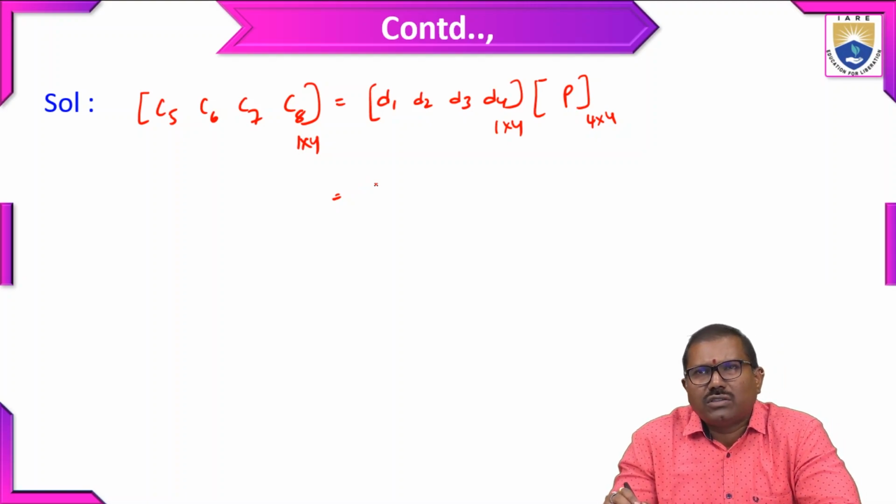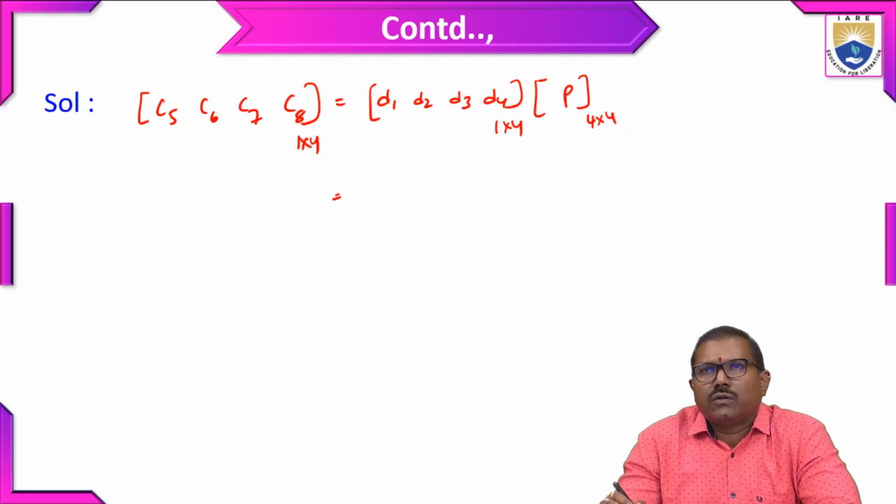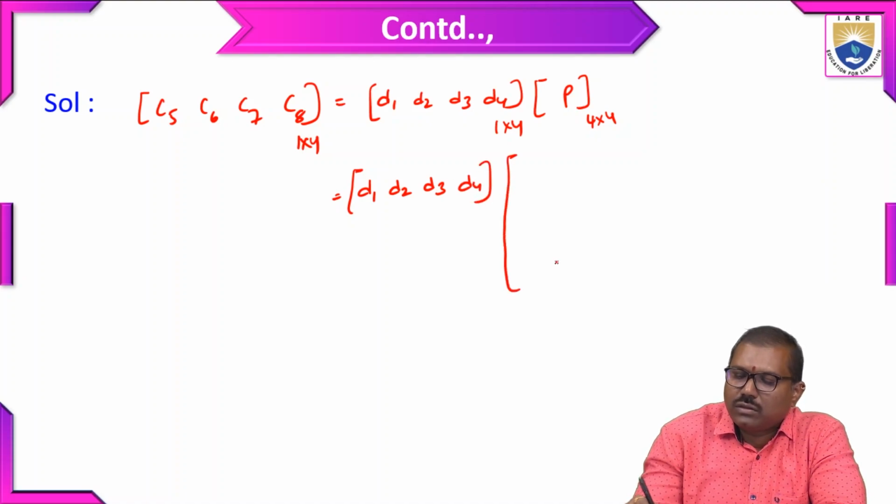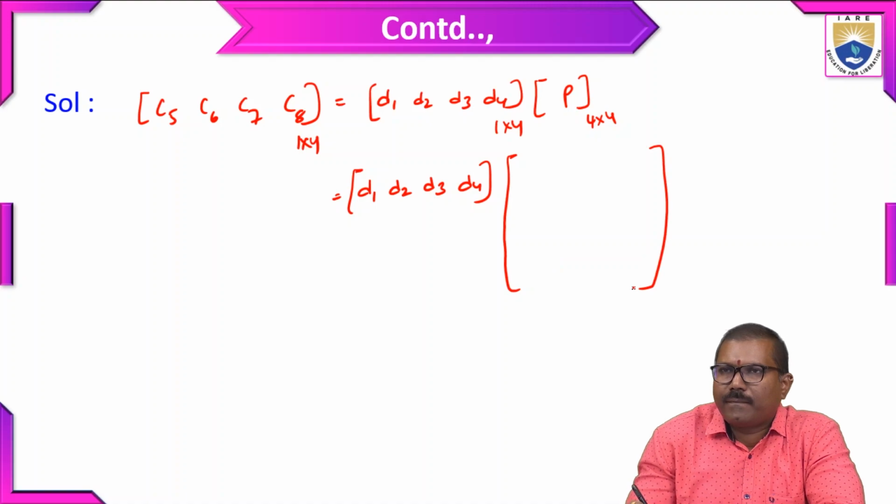Block code generation is very easy. We must know the matrices and matrix multiplication, then it is easy to solve. The coefficient matrix is 4 by 4.